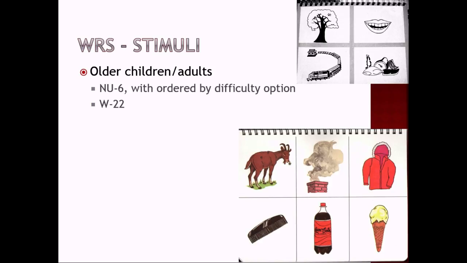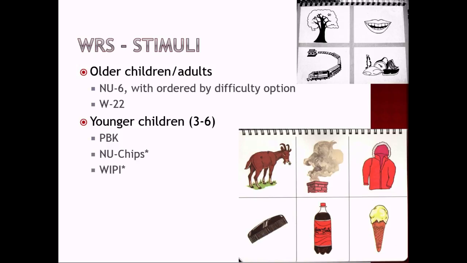The stimuli for word rec are going to be word lists. For older children and adults, typically you're going to see the NU6, which is from Northwestern University. The NU6 has a recorded version that has the top 10 most difficult words first. The rule is you can do the top 10 most difficult words first, and if they get one wrong, that's okay.